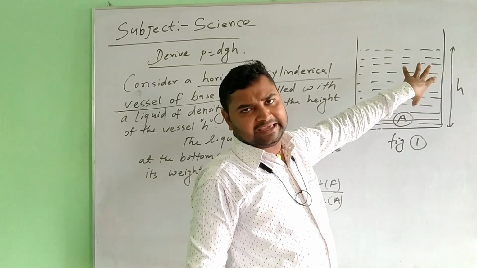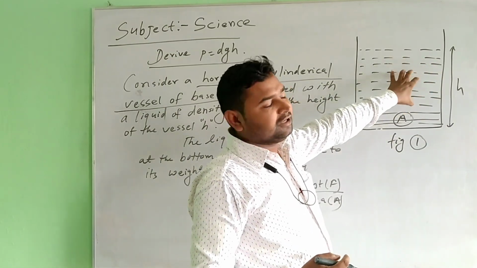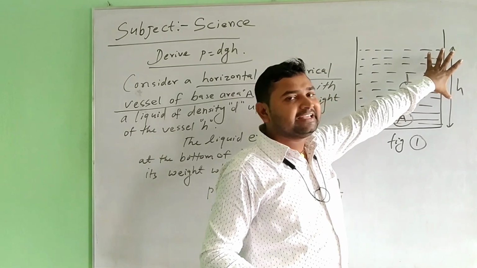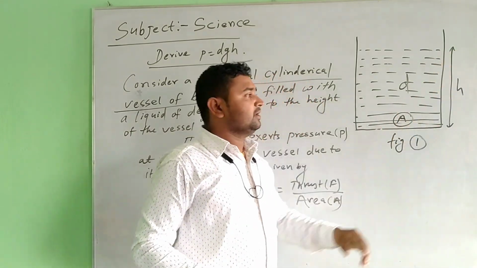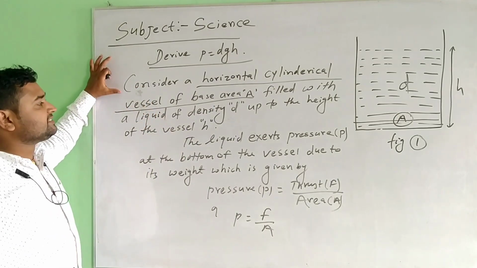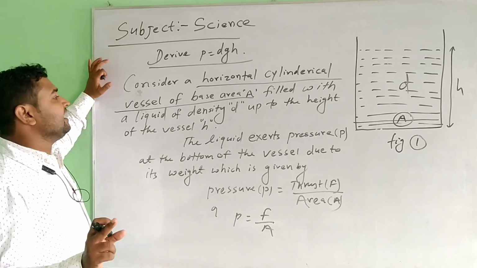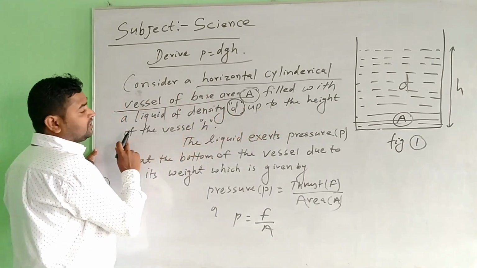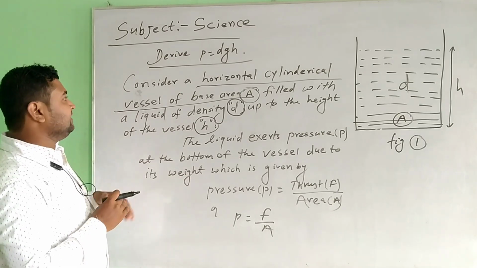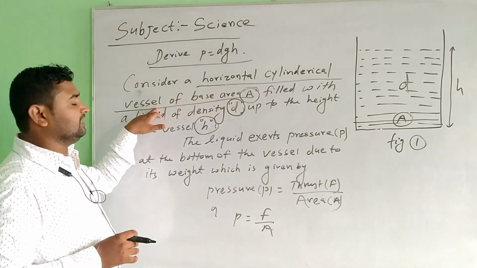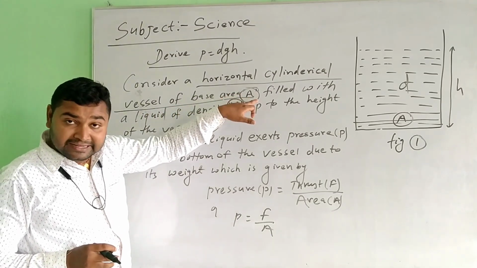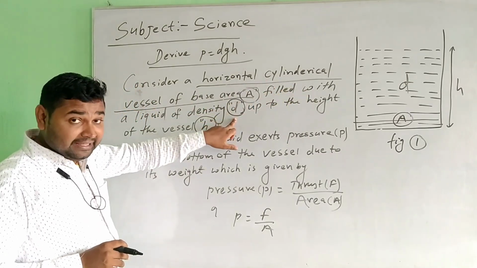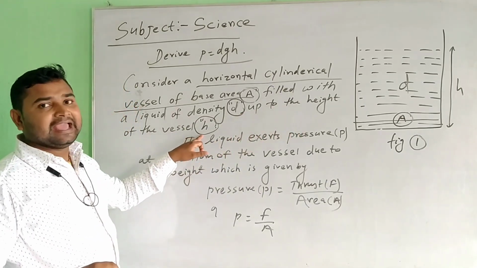Inside the vessel, water or any liquid is kept whose density is D, and the height of the liquid in this container is H, and the base area is A. Once again, listen: consider a horizontal cylindrical vessel of base area A, filled with a liquid of density D up to the height H.